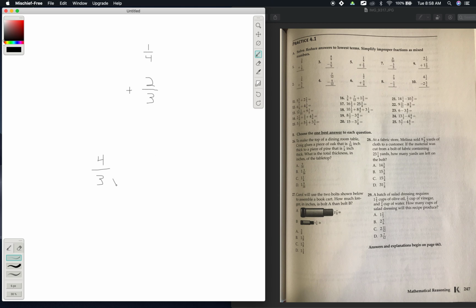Okay, so I go 3 times 4. Okay, and 3 times 4 equals 12. Let's see, 12. And since we multiplied number 3 by 4, then we have to see how many times we have to multiply this denominator.